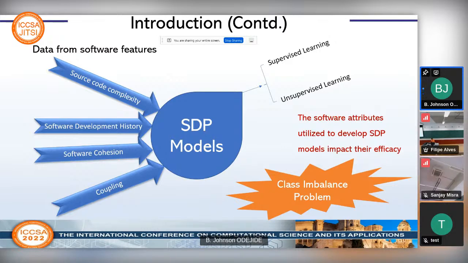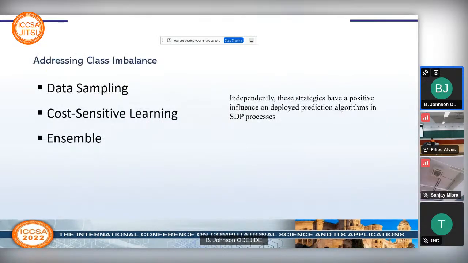To deal with the class imbalance problem, researchers have utilized several methodologies: data sampling, cost sensitive learning, and ensemble methods. One thing to note is that independently, these methodologies have a positive influence on the prediction algorithms deployed in the SDP process.